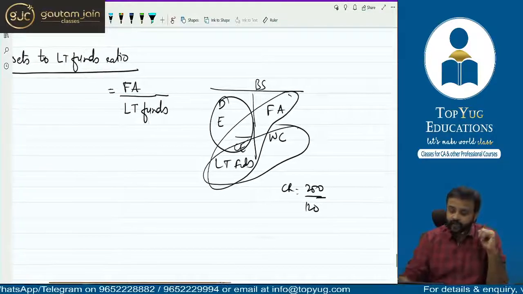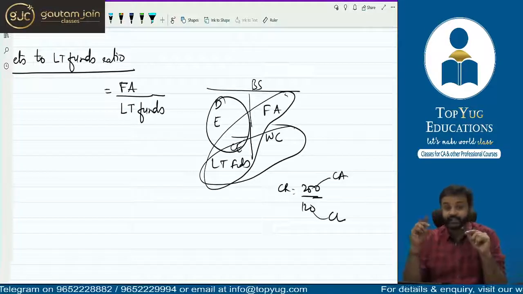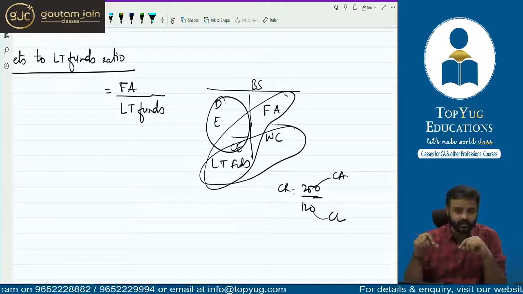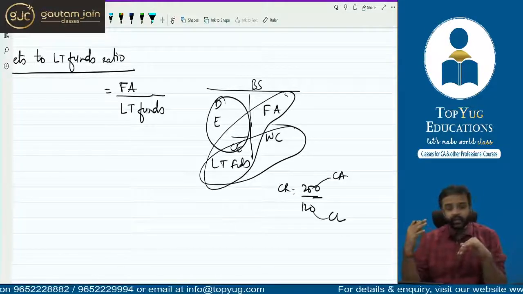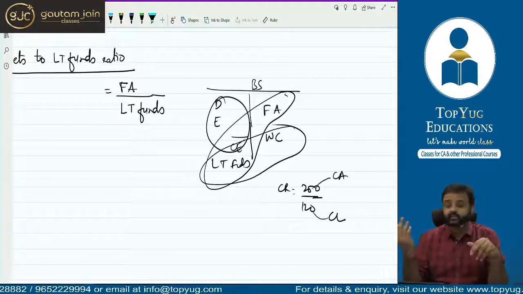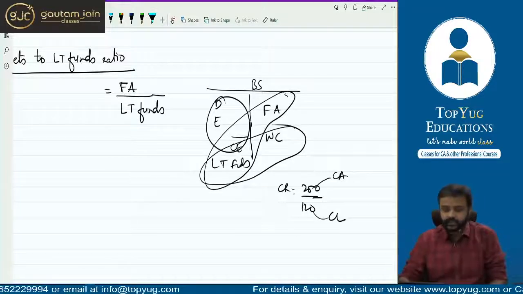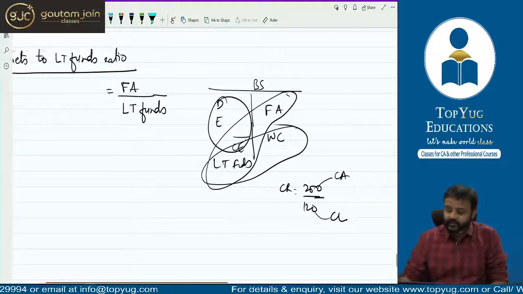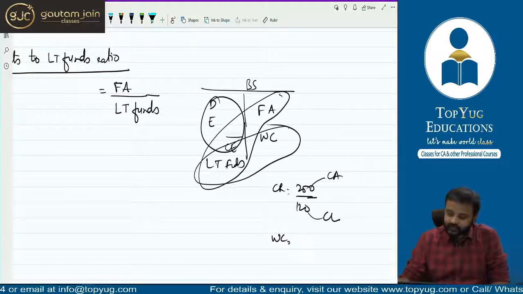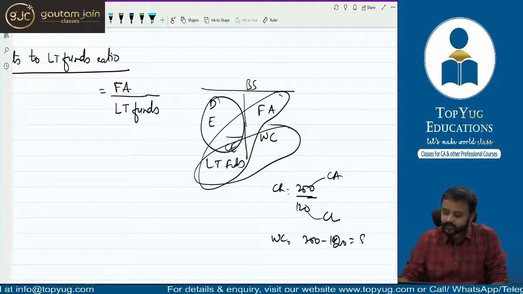Correct? If this is current assets, this is current liability. So funding of current assets to the extent of 120 has been from current liability. So what about the remaining amount of 80? Remaining current assets worth 80, that has been funded from long-term funds. Okay? So that 80, the difference, working capital is nothing but the difference of current assets and current liability, that means 80.